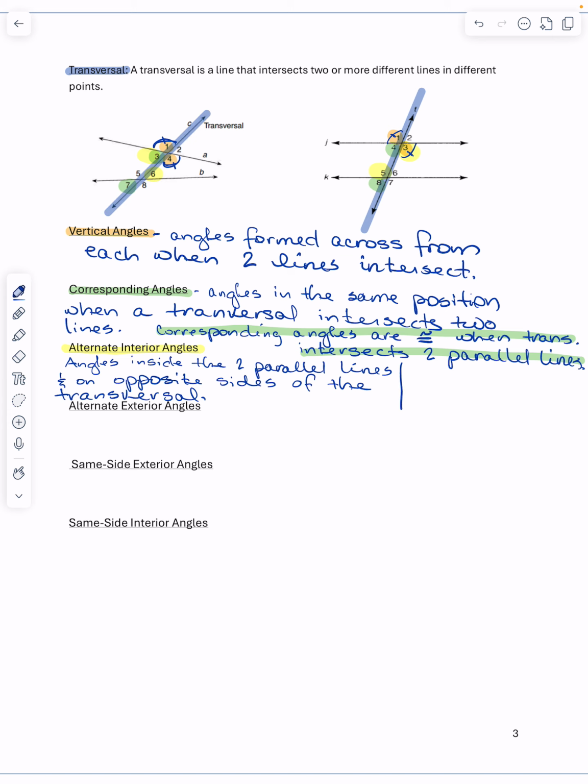And I'm going to abbreviate over here, alternate interior angles are congruent, same size, when the transversal cuts two parallel lines.